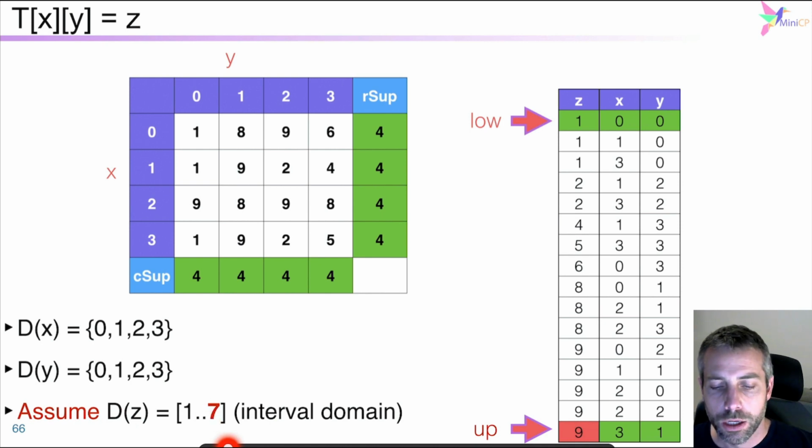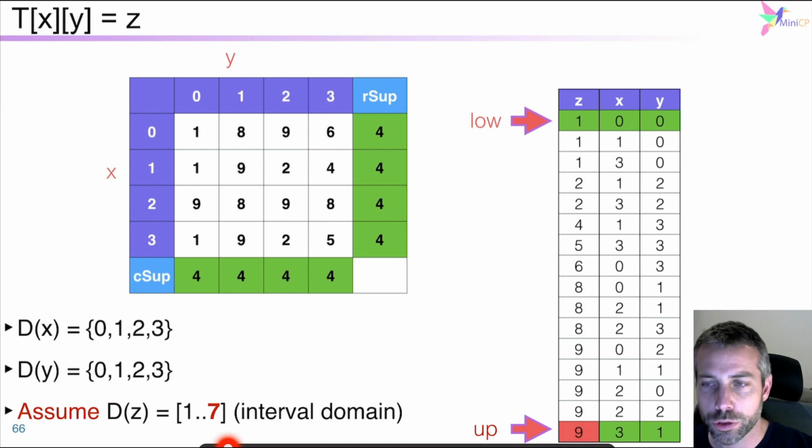Let me first speak about the state that we will maintain in the propagator, in the filtering algorithm of that constraint. I will have here a counter that represents the number of cells that are still valid on the columns, and here a counter that represents the number of cells that are still valid on this specific row. It's 4 initially everywhere.